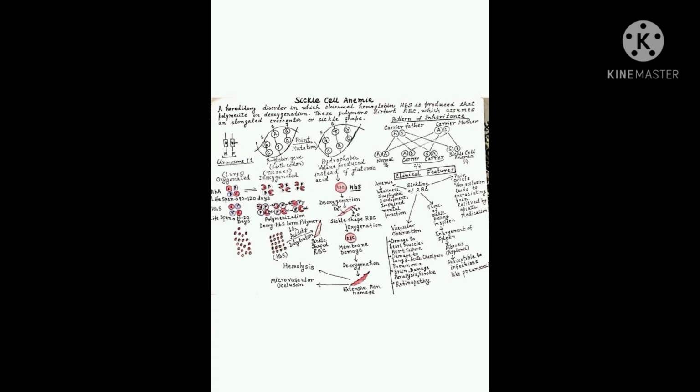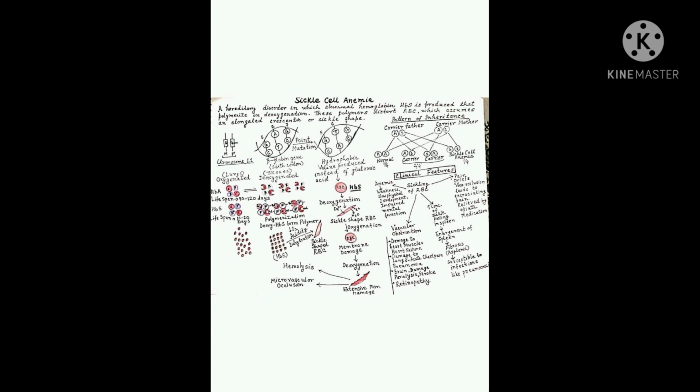Father has the mutated gene, but father is not suffering from sickle cell anemia. So father is a carrier because of one mutated gene, and similarly mother is also a carrier because of one mutated gene. Now crossing takes place.